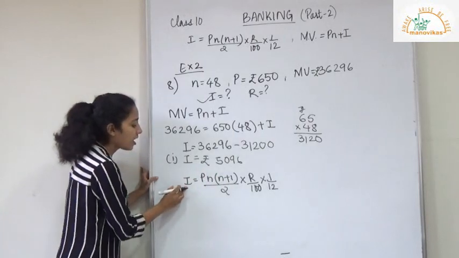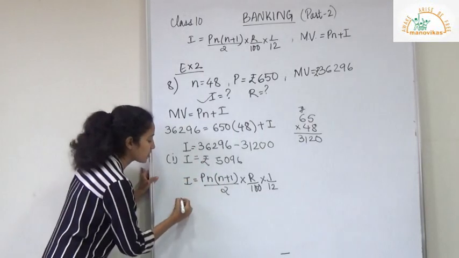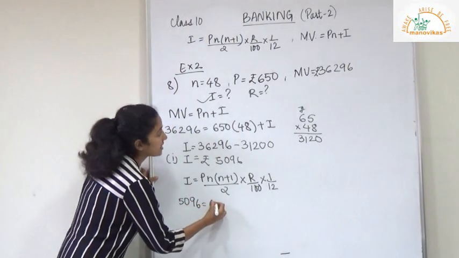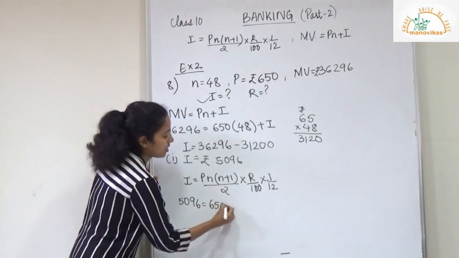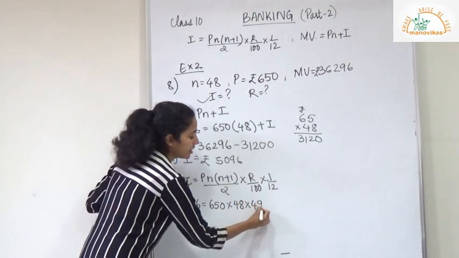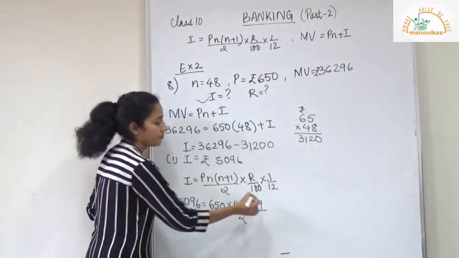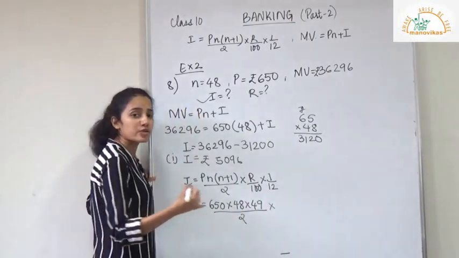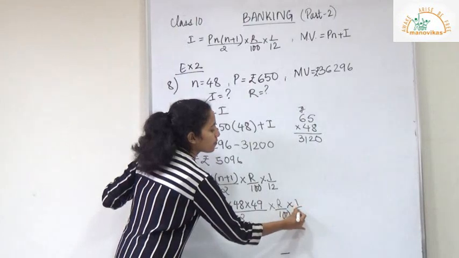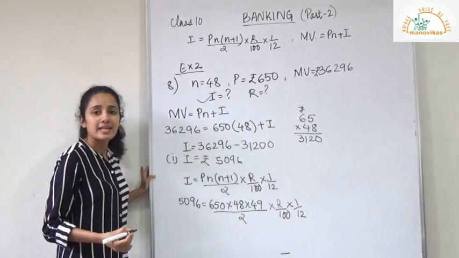Substituting the values, interest is what we have calculated just now, that is 5096, P is 650, n is 48 into 49 divided by 2, rate is what you have to calculate, divided by 100 into 1 upon 12. So now you cancel.